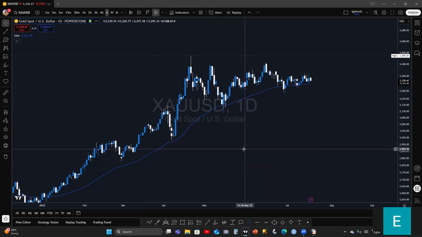The New York session opens around 1, then you start your trading day by 1 o'clock, then close around 10 p.m. While the London session opens around 7, closes around 4 or 5. Do you understand?